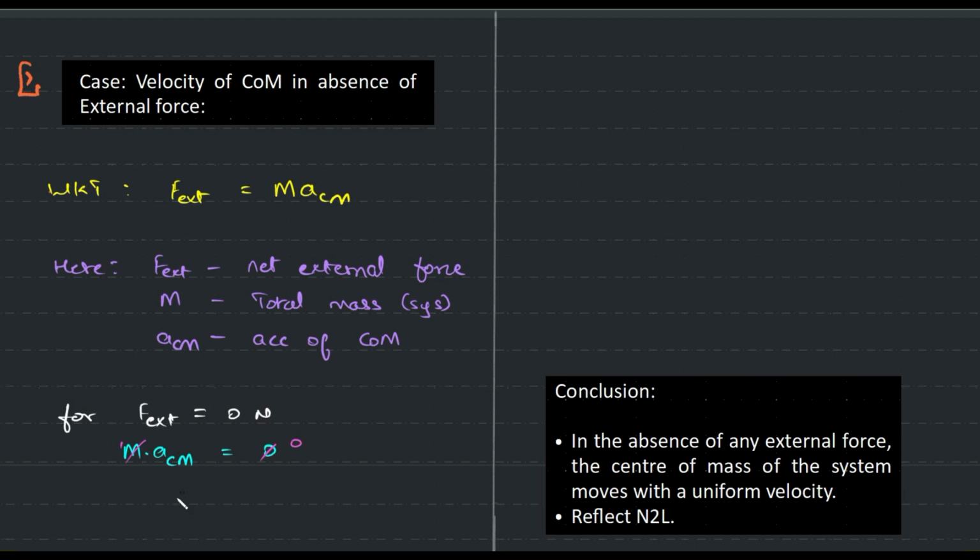So therefore, this has to be 0. Now, for that to be 0 means what? From here, it implies the velocity is constant. So basically, if I have an object moving in any manner, right?